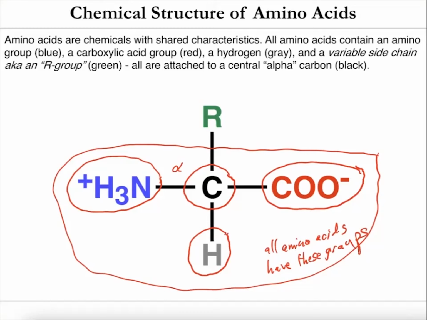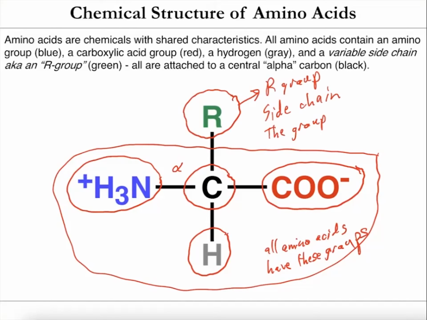Now, all amino acids also have another group bound to that central carbon. This is called the R group, which just means any group, or the side chain. This group is different for each of the amino acids.